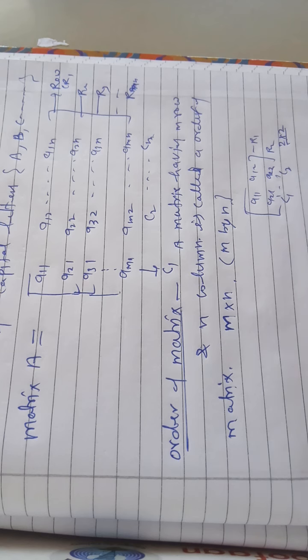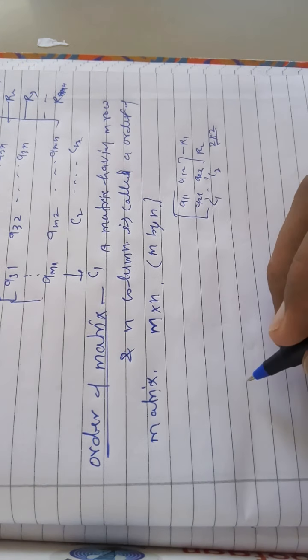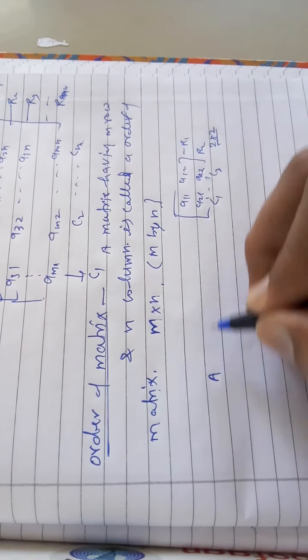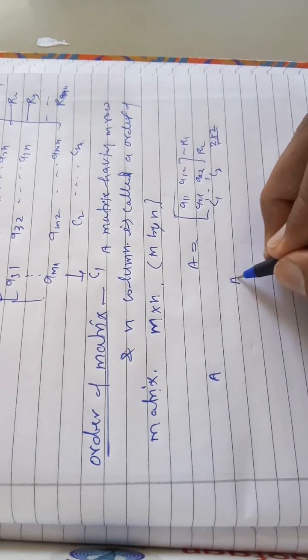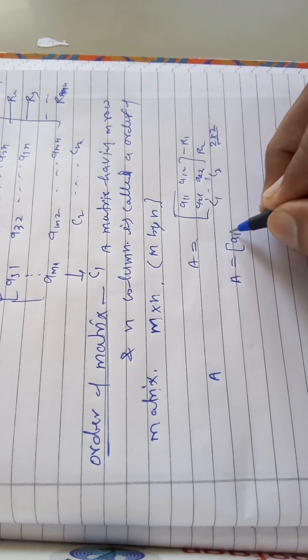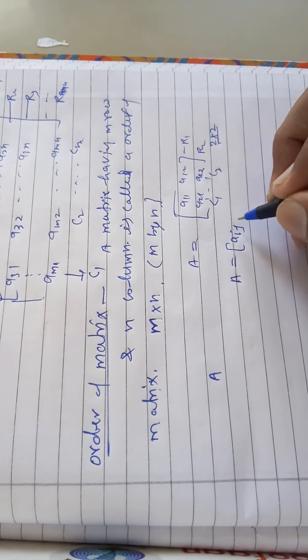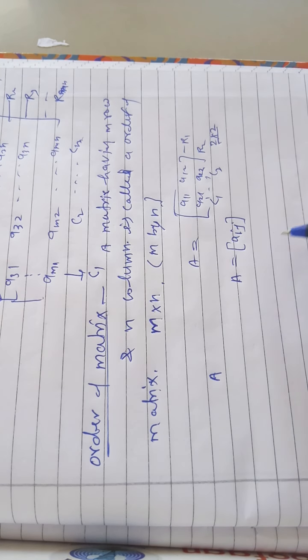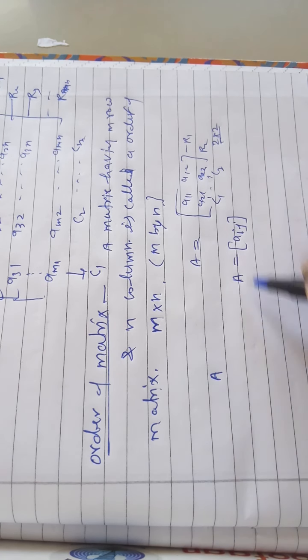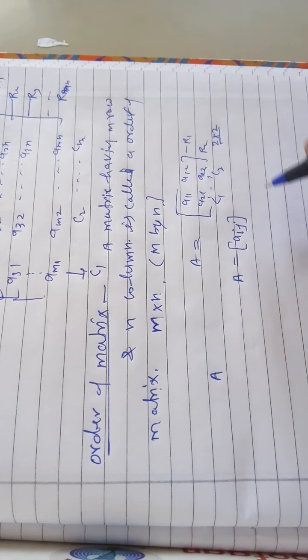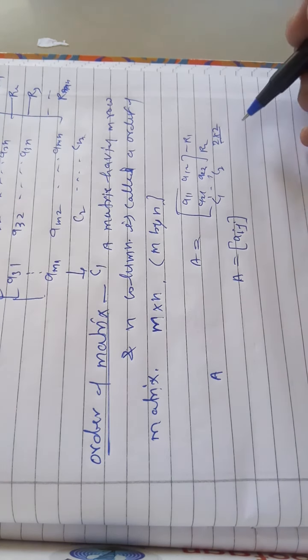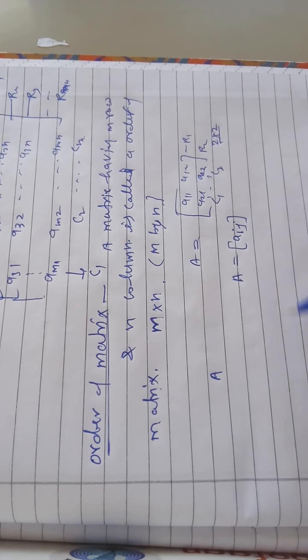And A can be written as A ij, i row and j column. First row, second column. Horizontal side is row and vertical side is column.